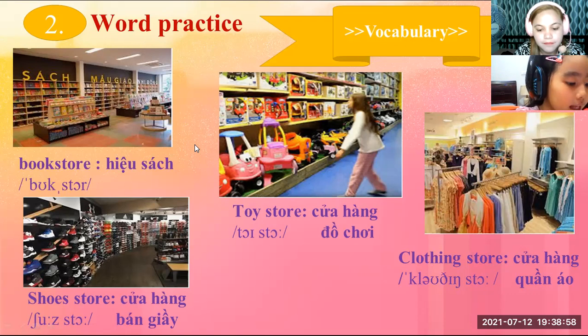Because I like books. I like reading books and a story, and I like toys too. Oh, you like toys too. All right, very good. So when you go out with your family to go shopping, which store do you like to go to the best?